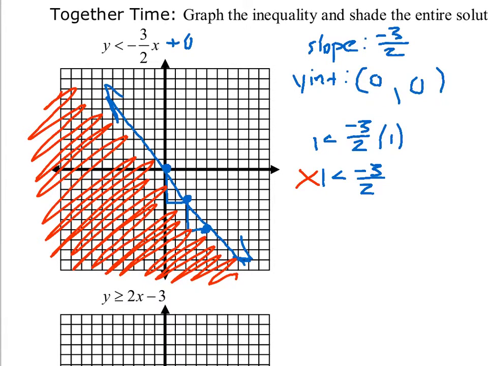Ooh, good question. So Manuel has caught me missing one important detail. What detail did I miss when I was graphing my line to begin with? Sarah? It should be a dotted line. This clearly doesn't have the or equal to portion, so this should be a dotted line. So I have to go back and fix that.